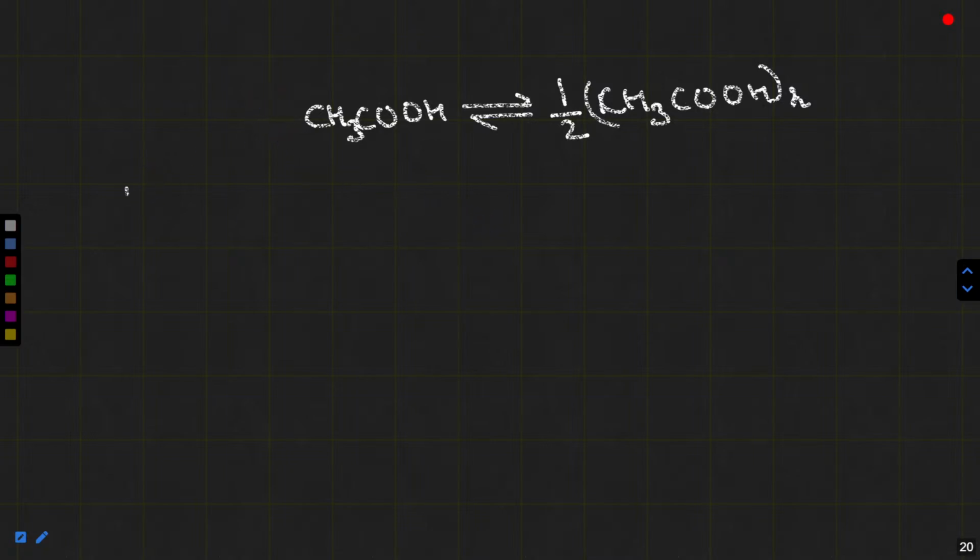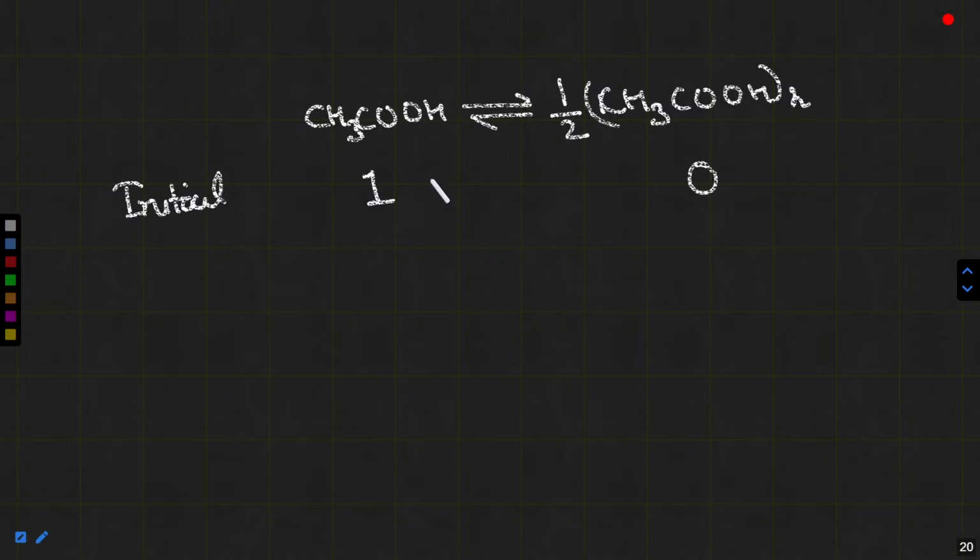Now, if we take the case of initial circumstances, initially there was one molecule. Here we have 0 associated molecules, as there was no association initially when we have just introduced this acetic acid into benzene. Remember, we were doing the association in the benzene solvent.